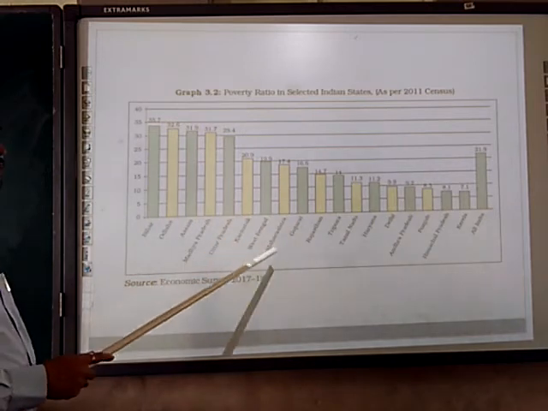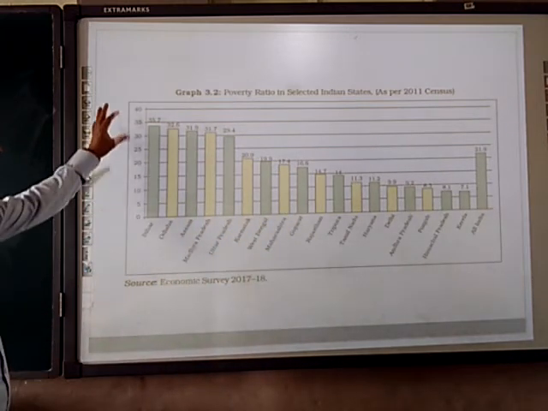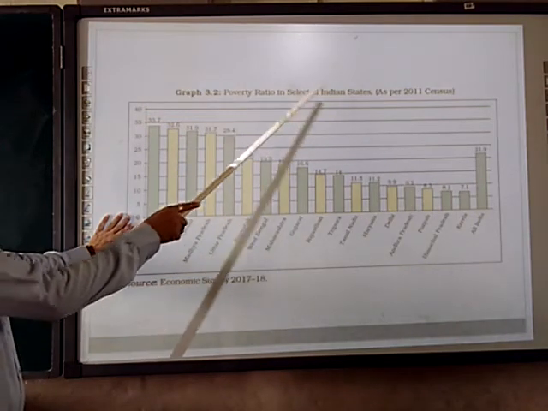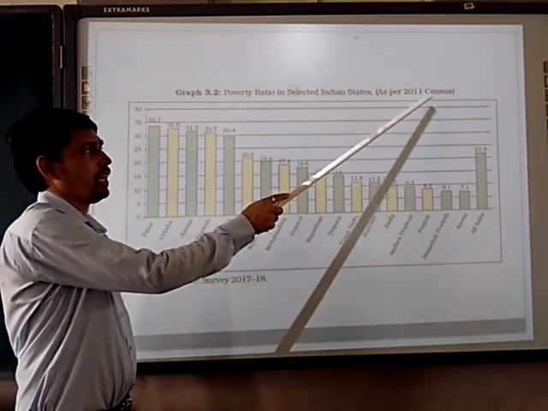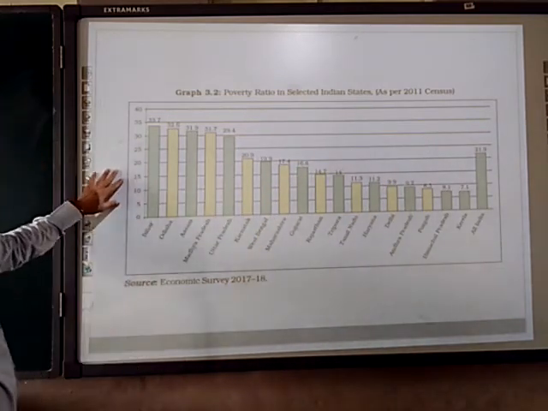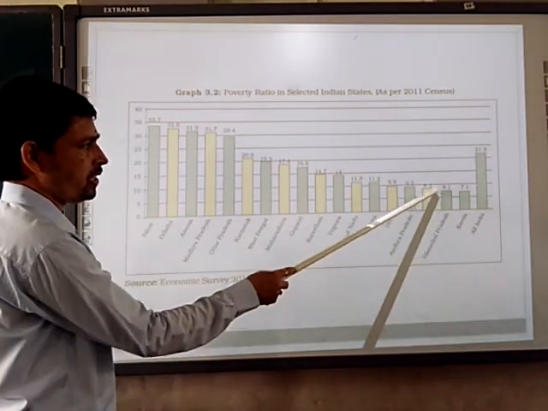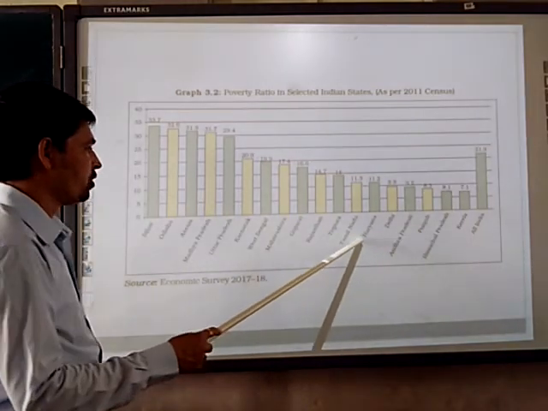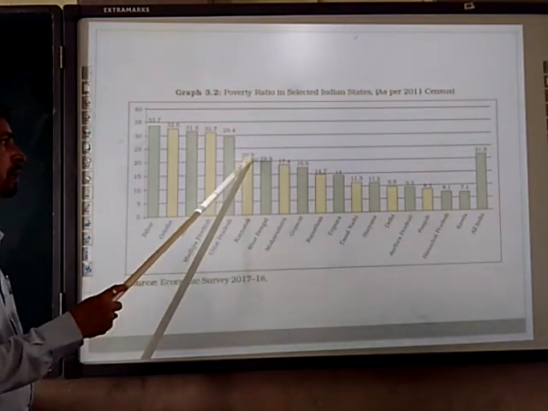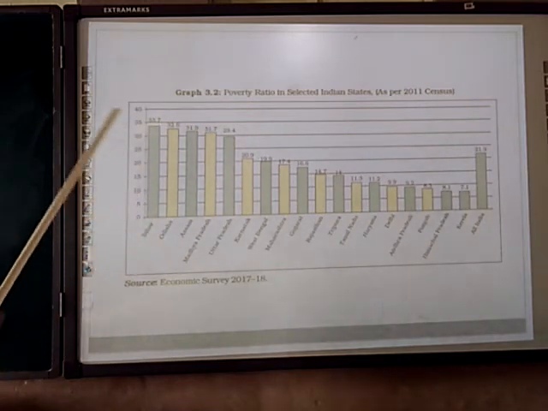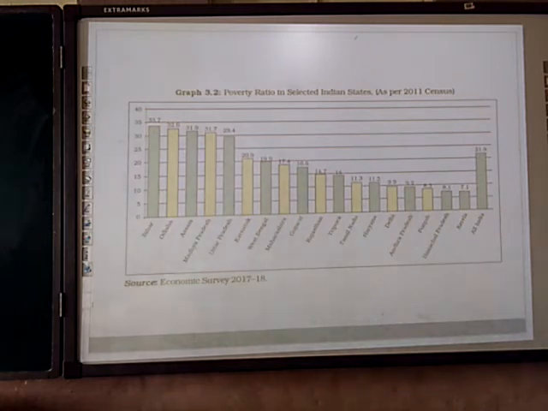The graph shows the ratio of poverty in selected Indian states as per the 2011 census. You can see Kerala 7.1, Himachal Pradesh 8.1, and so on. Karnataka is 20.9. The highest is Bihar. By seeing the graph you can clearly understand which states are more poor and which are in a good state.